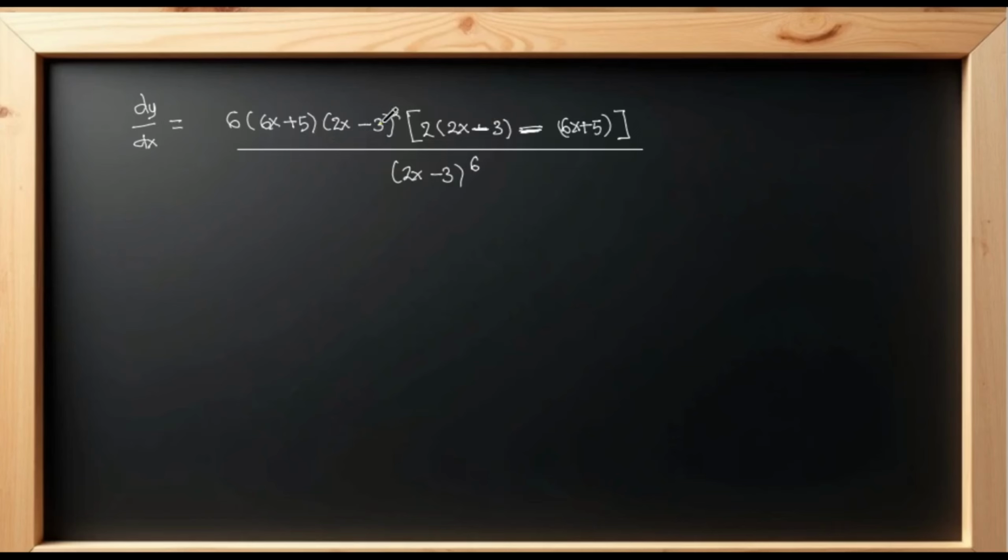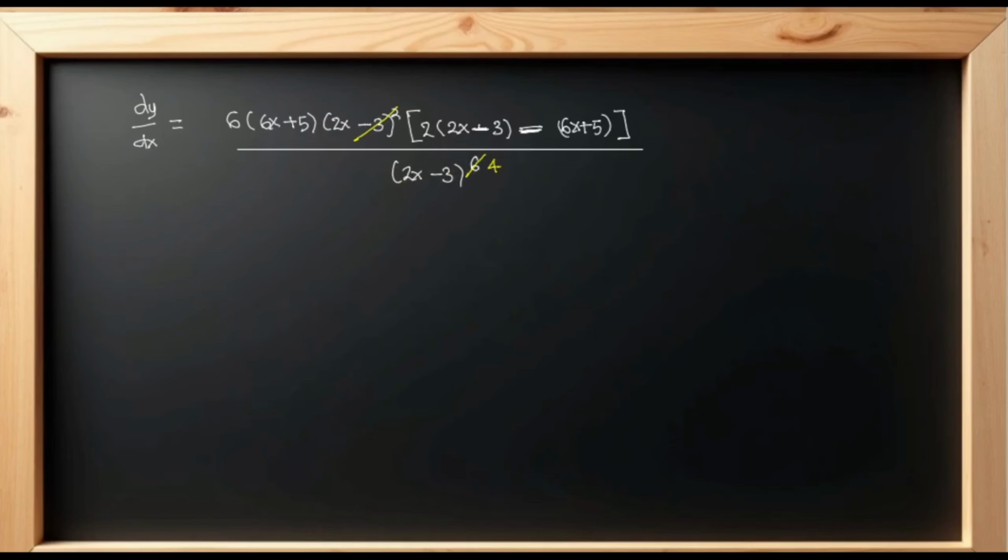So this will reduce the power in the denominator by 2, making 4. So meaning at the denominator we have 2x minus 3 raised to the power 4, because the other 2 will have cancelled with the part in the numerator.